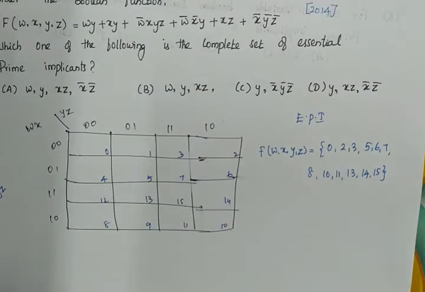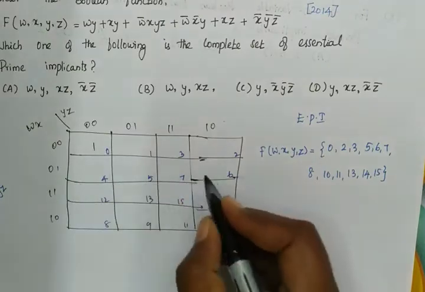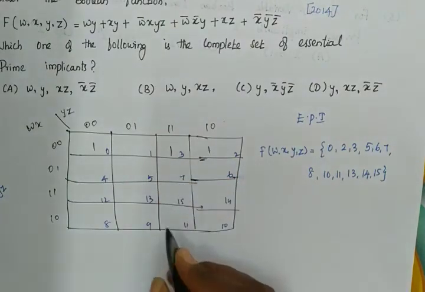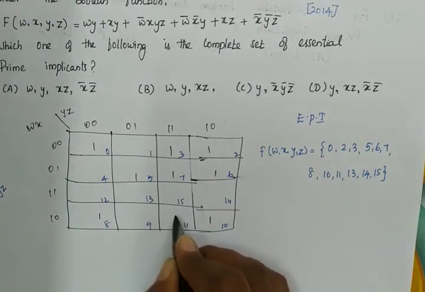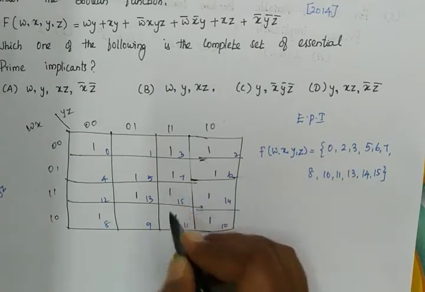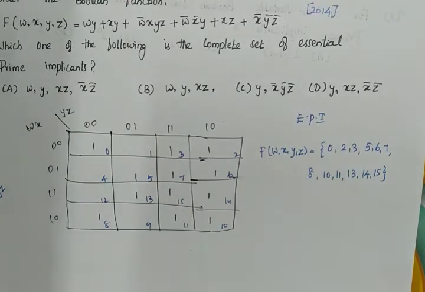Now we have to represent the numbers in the K-map: 0, 2, 3, then 5, 6, 7, then 8, 10, 11, 13, 14, 15. Now what happens if we group this? We can group like this, isn't it?